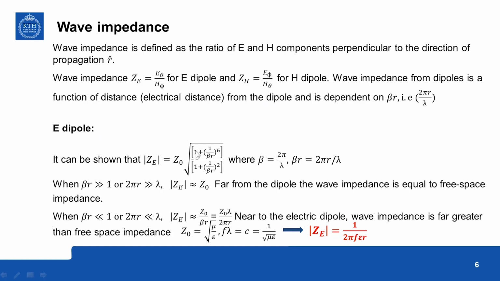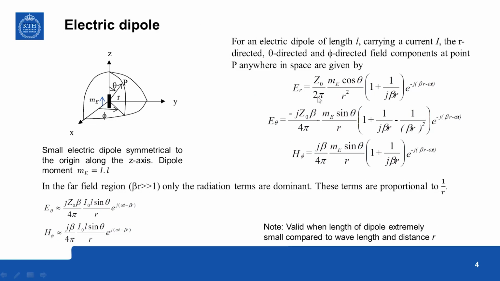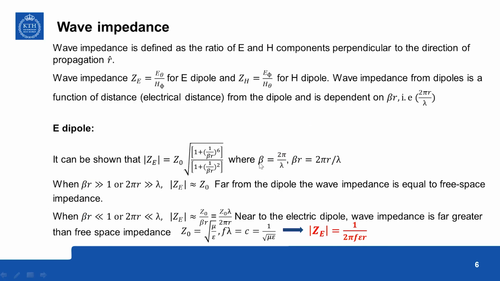If you take the expression for the theta component of E and the phi component of H that you have seen in the previous view graph, then you can see that it can be simplified by this expression, where beta equals 2 pi by lambda and beta r equals 2 pi r by lambda.